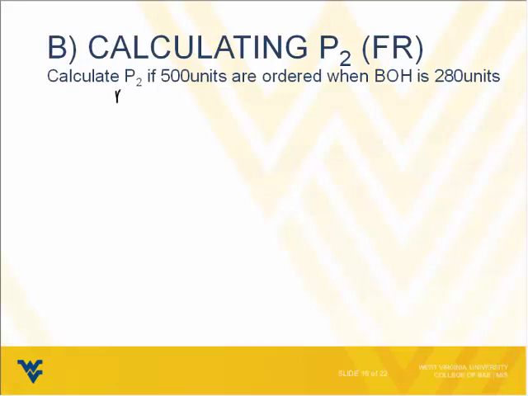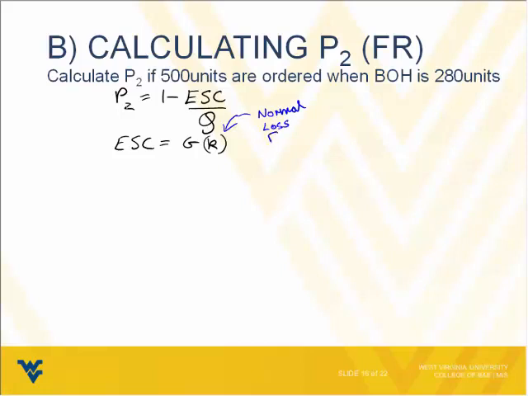Our fill rate, we also call it P2, is equal to 1 minus expected shortage per cycle divided by Q. We also know that our expected shortage per cycle, ESC, is equal to the normal loss function, multiplied by sigma x, your standard deviation of lead time demand.